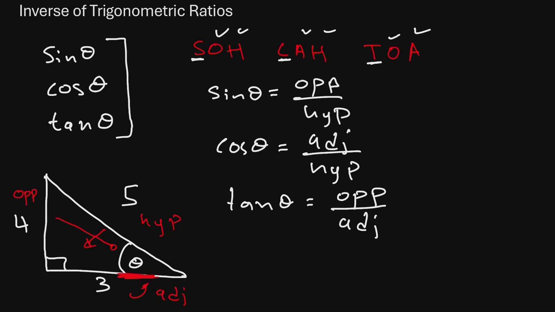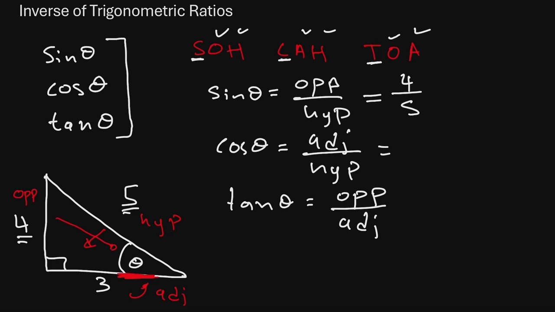So if we want to determine the ratio of sin theta, sin theta is opposite over hypotenuse. So what is our opposite? Our opposite will be 4 and the hypotenuse will be 5. So the ratio of sin theta is 4 over 5.